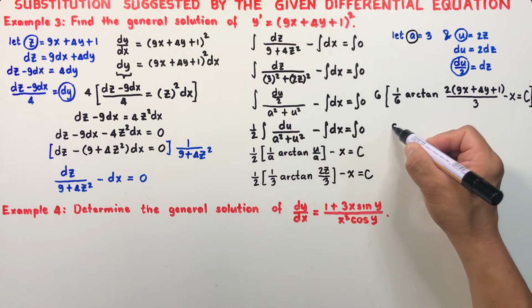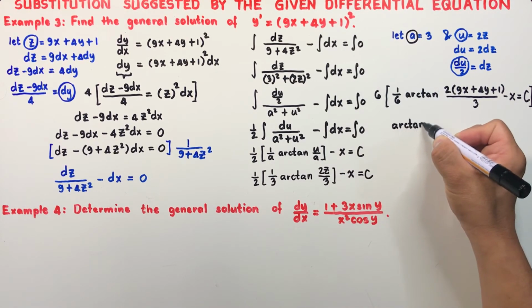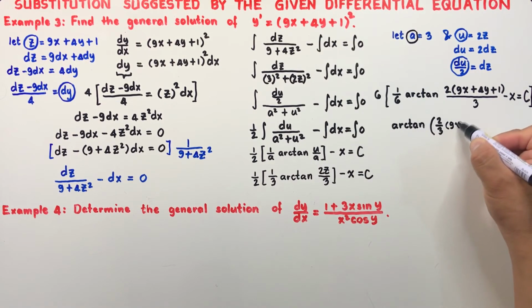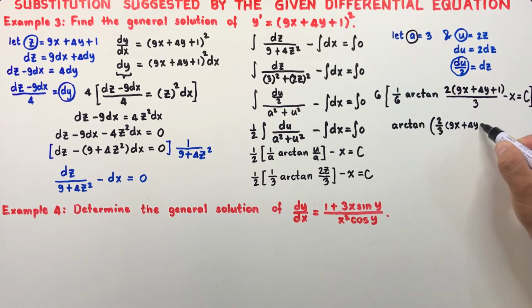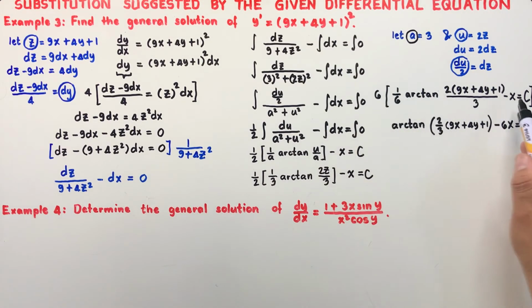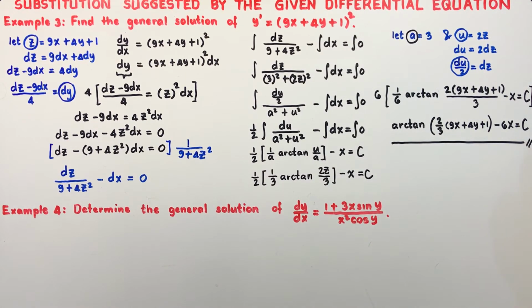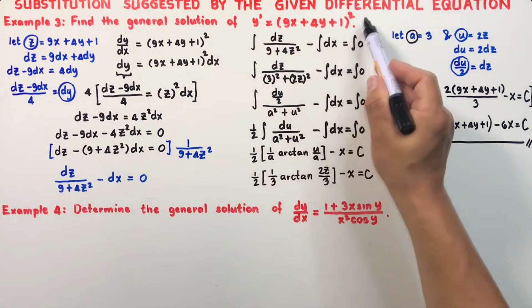So what we have is the arctangent of the quantity of 2/3 times 9x plus 4y plus 1 minus 6x, which is equal to the constant of integration c, because 6 times negative x is negative 6x, and 6 times another constant is still a constant here. So therefore, we say that this is our solution for this differential equation.